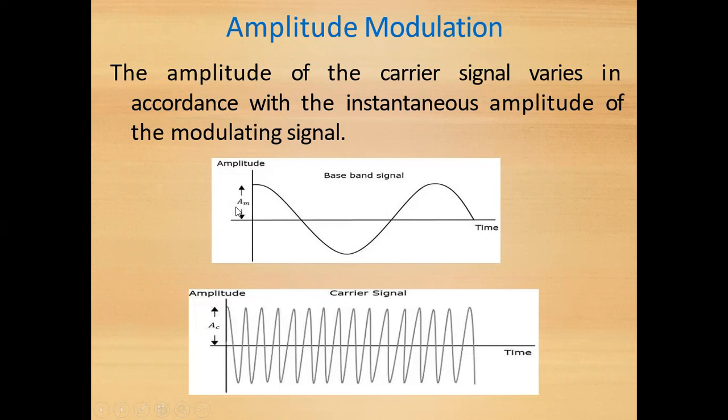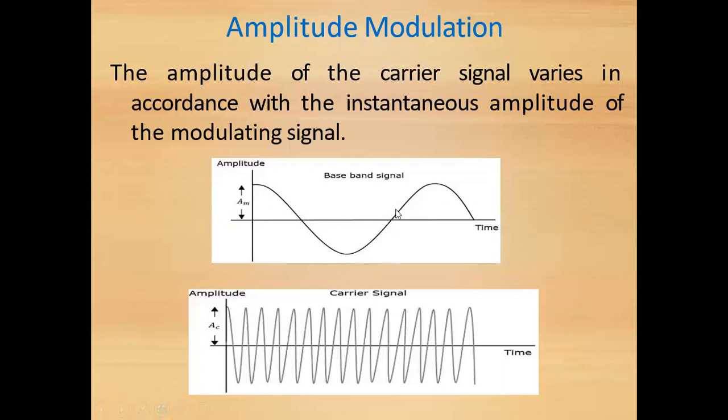The amplitude is represented with AM and time period T on the x-axis. On the y-axis, amplitude is represented. Same thing with the carrier signal. The amplitude of the carrier signal is represented as AC on the y-axis, and on the x-axis, time period is represented. As I said, it is a low frequency signal, so low frequency means it will take more time, so the wave is like this.